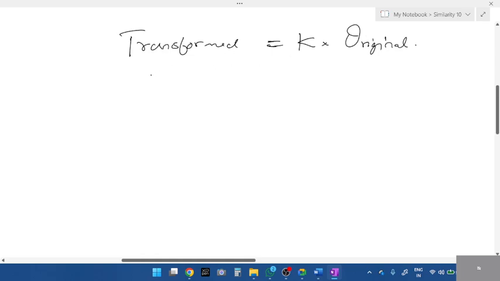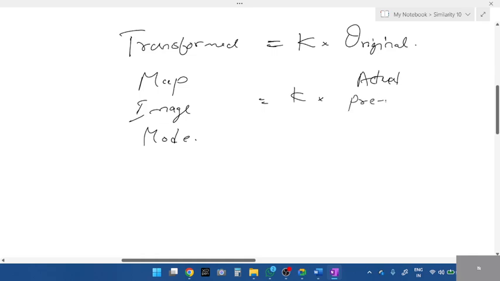So this you call it as image, is equals to k into pre-image or original image or actual image, or we call it as pre-image. Image is something which is formed. It can be mirror image, water image, something which is formed, transformed.